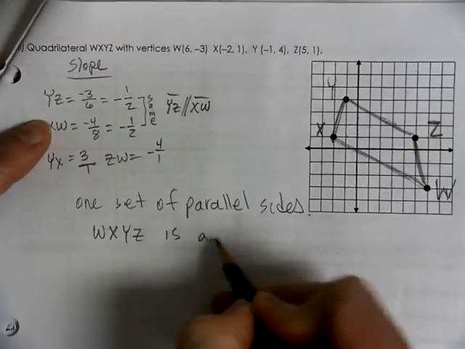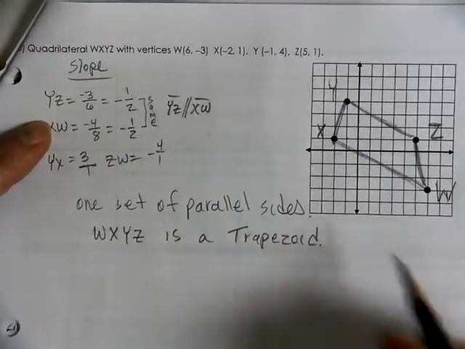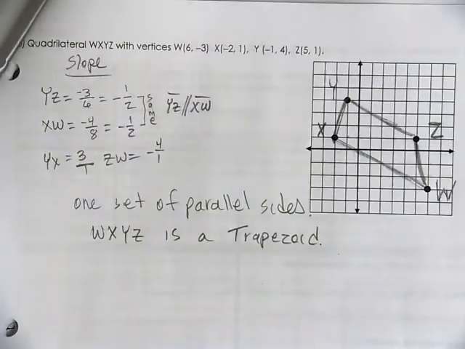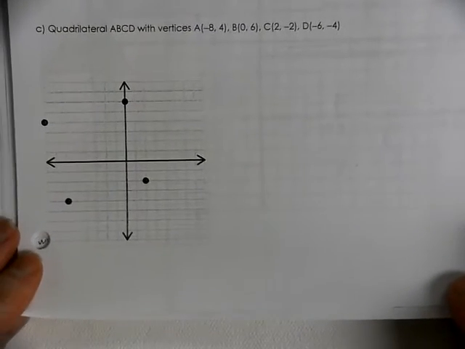WXYZ is a trapezoid. So we'll slide down to our next one.